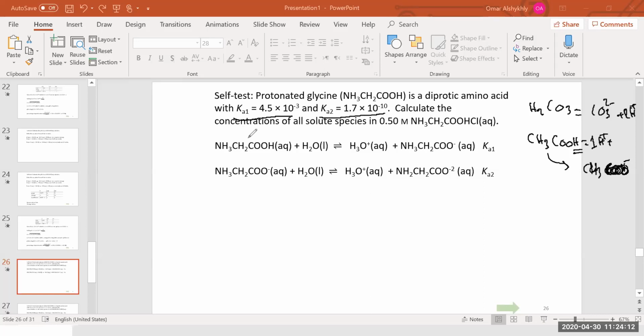Calculate the concentration of all solute species in 0.5 molar NH3CH2COOH.